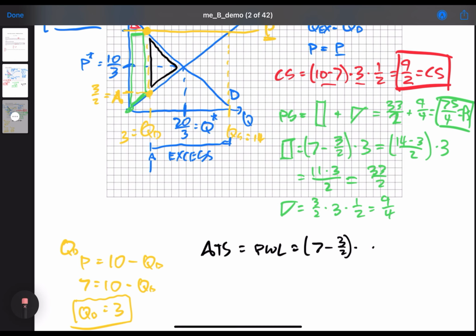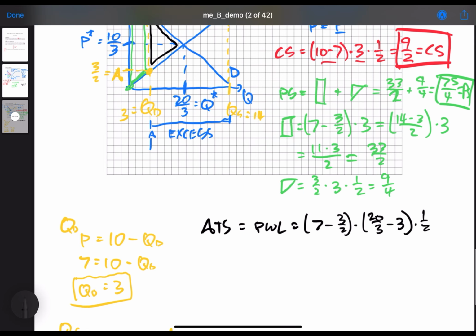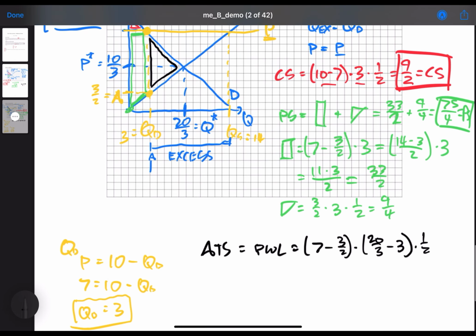Oops, that's not right. Our base is a little more complicated. It's 20 over 3 minus 3. And we multiply that by 1/2, or divide it by 2. Okay, so we have our height, our base, and our 1/2.